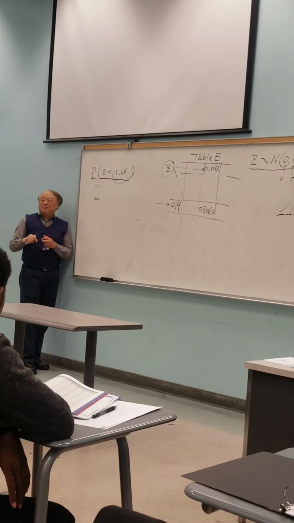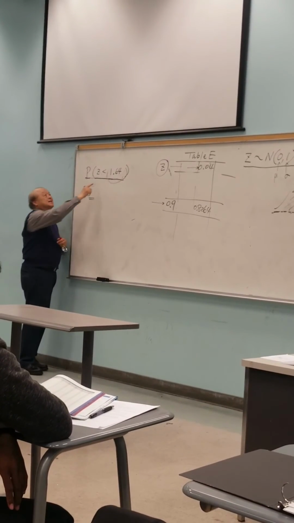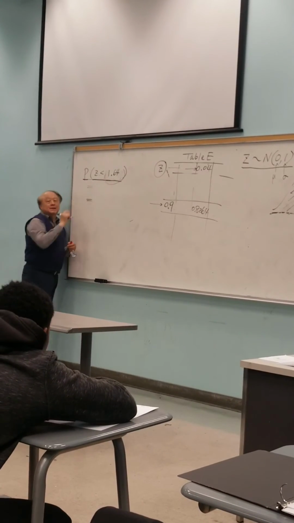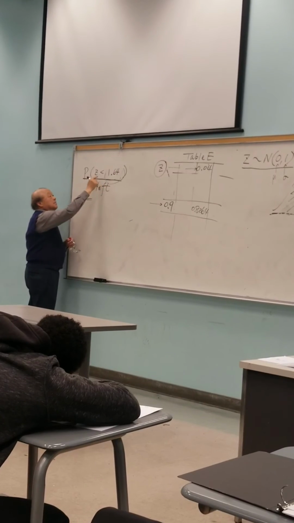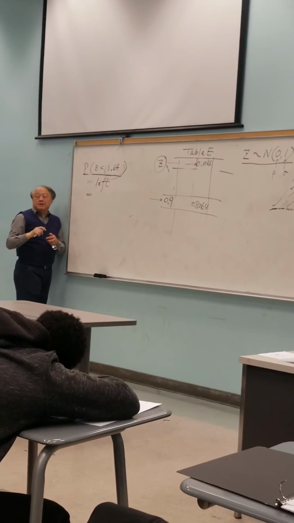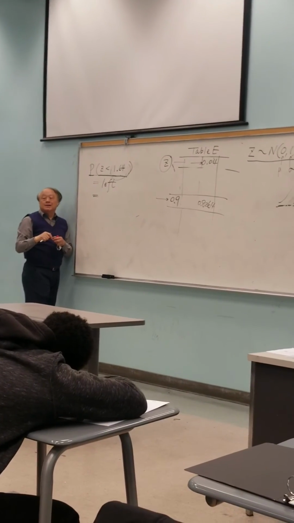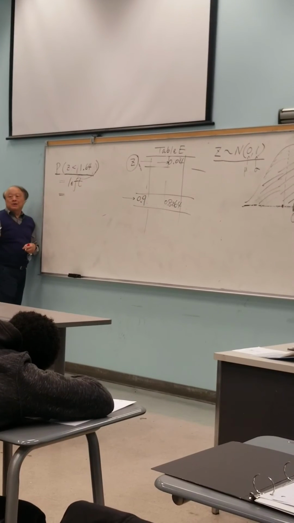What is my first basic question? Is this probability the left area or the right area of this point? Left area. You have to have a clear idea, because the probability equals area, so you have to know whether it's the left area or right area. How do you know it's left area? Because of the sign.